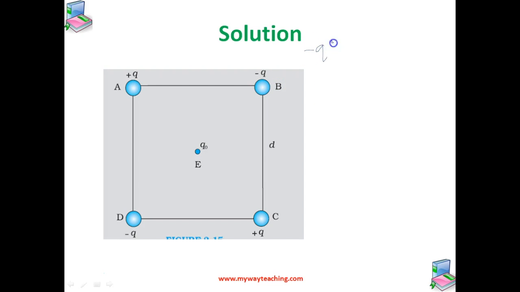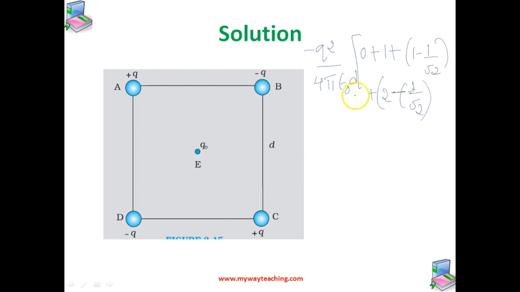Which is given by minus Q square by 4 pi epsilon naught into D, times: first step 0, second step 1, third step 1 minus 1 by root 2, plus 2 minus 1 by root 2, isn't it?